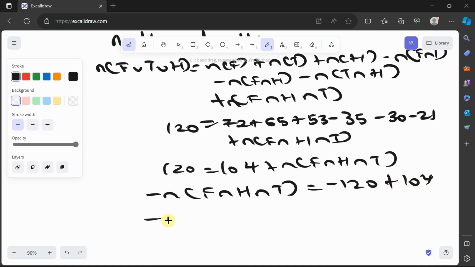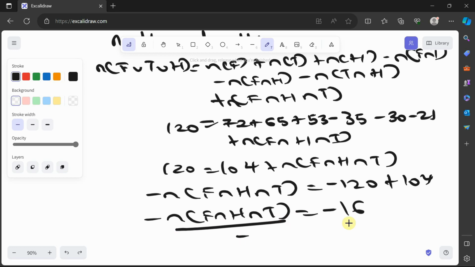And minus 120 plus 104 is minus 16. If I divide both sides by minus, that means n of f intersection h intersection t is equal to 16. So I've gotten the same answer both with the Venn diagram and with the mathematical approach.